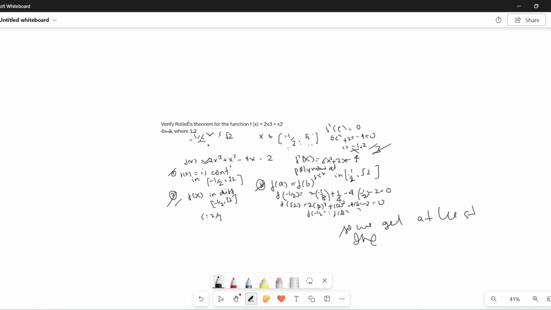So Rolle's theorem is finally applicable. We get at least one c equal to 2 by 3 in the interval minus 1 by 2 to root 2. Thus, Rolle's theorem is applicable.